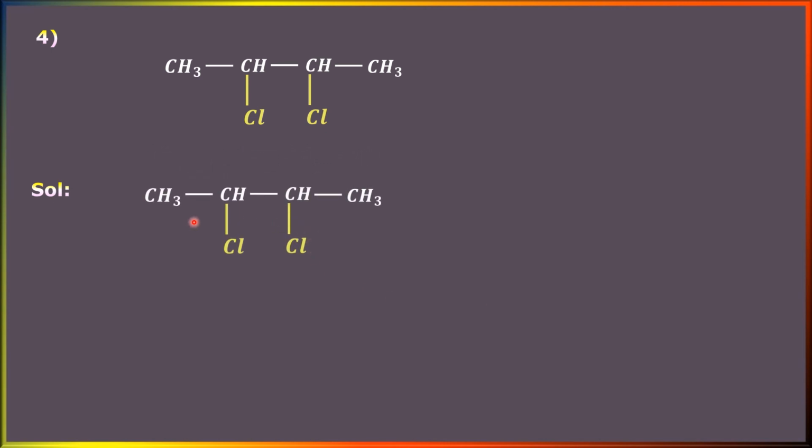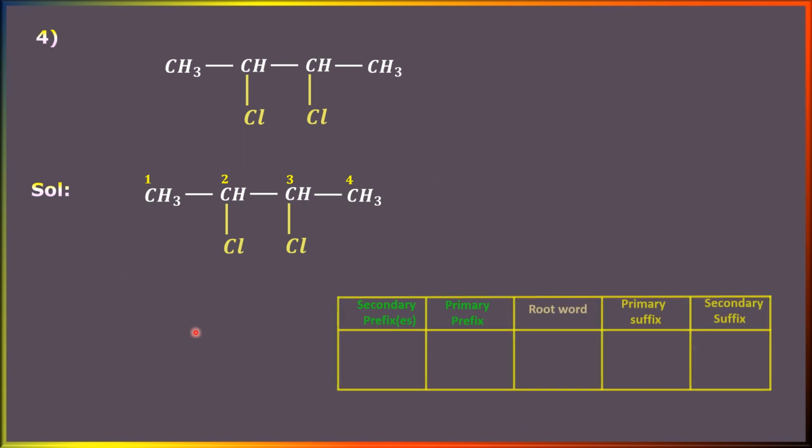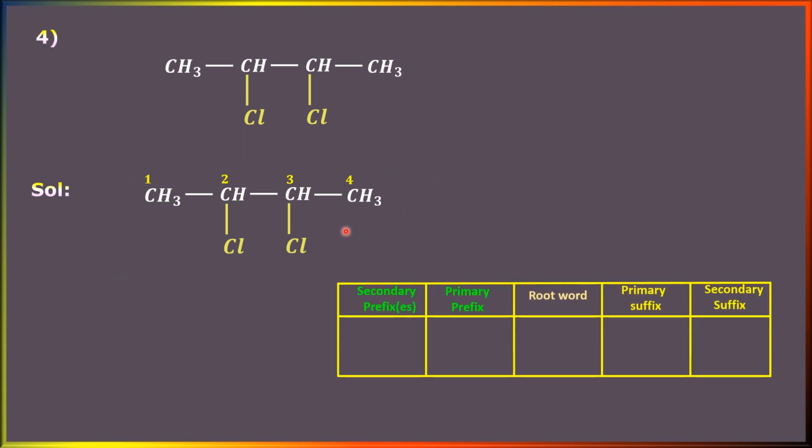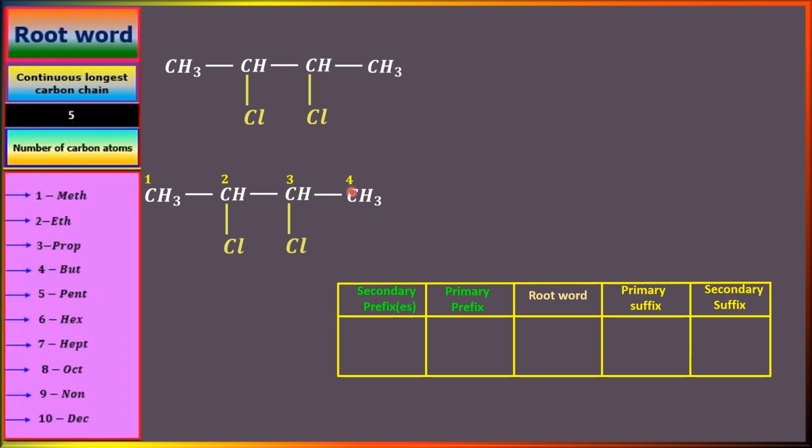Next, problem number 4. In this organic compound, 2 substituents have been attached to the parent chain. So numbering can be done in either way. Both ways are correct because if numbering is done from left to right, the locants are 2, 3, and if the numbering is done from right to left, the locants are also 2, 3. So here I have done the numbering from left to right. In this parent chain, 4 carbon atoms are there, so the root word is but.